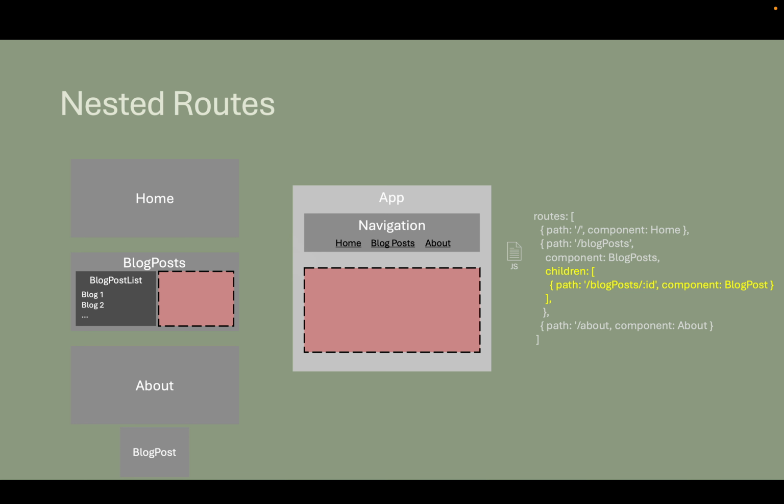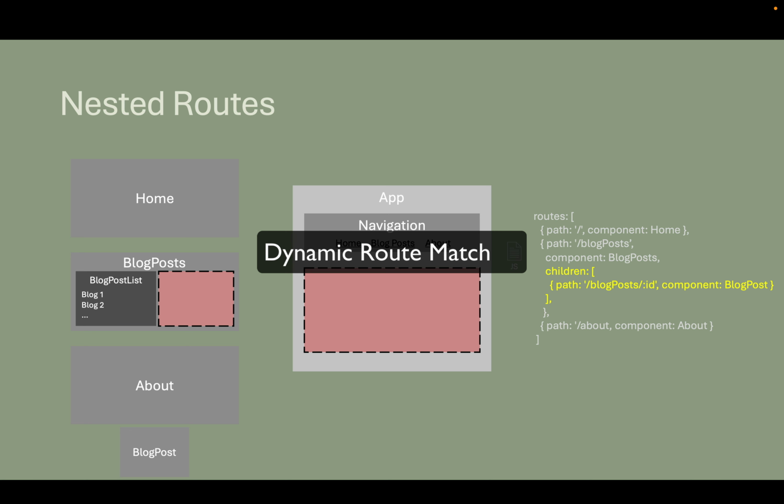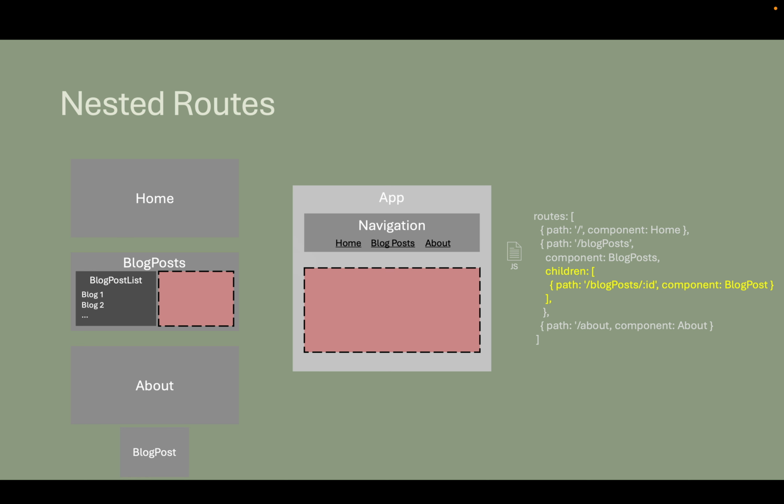So different blog posts are reusing the same blog post component, which makes sense because they all have a title and a content, right? As you saw from the demo. The only thing that is different is the ID, which is the param in the path URL. This is called dynamic route matching. That is, we're mapping different URLs, different param values, to the same route and to the same component.